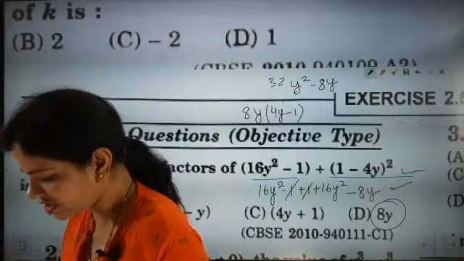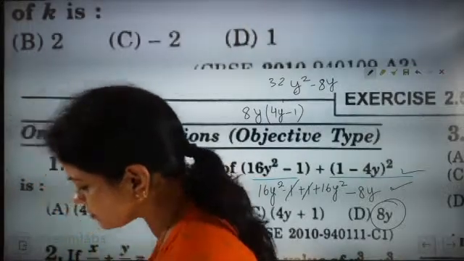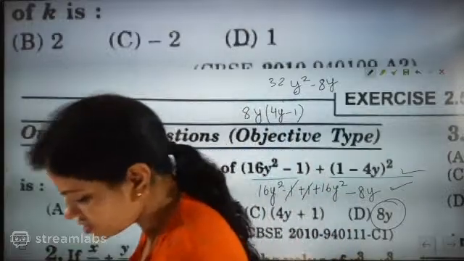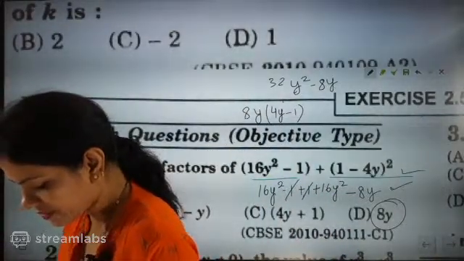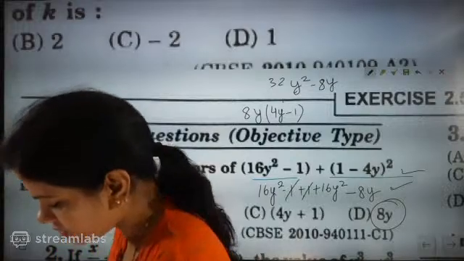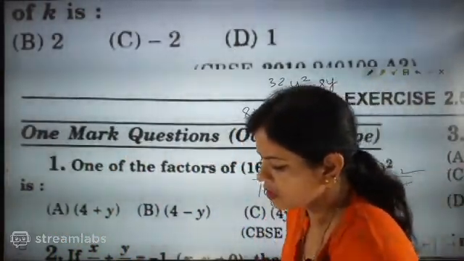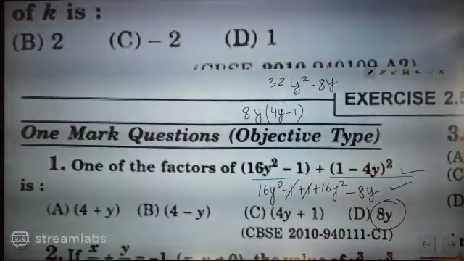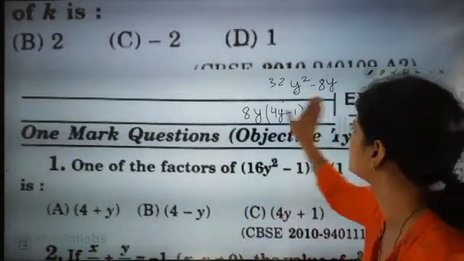Ashwin, is the answer option C or option D? I have solved it. Everyone check this one. I am going to solve this question again.